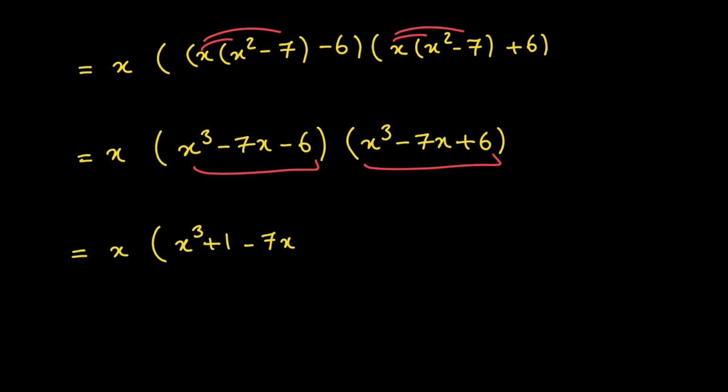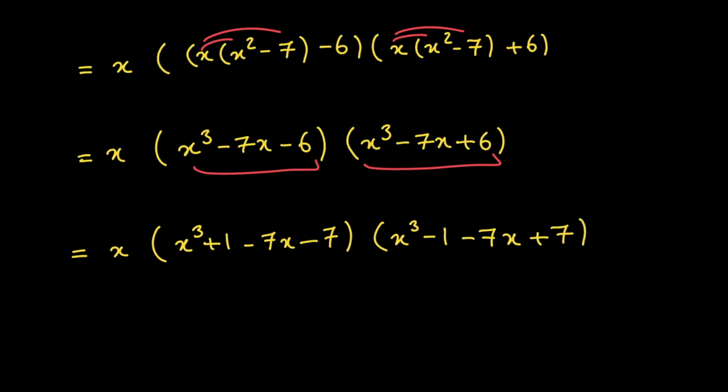So we have negative 6 minus 1, which is going to be negative 7. Cool. In the second one, I'm going to go ahead and subtract 1 and write x cubed minus 1 minus 7x. And again, to balance it up, I need to add 1. So I have 6 plus 1, which is going to be positive 7.